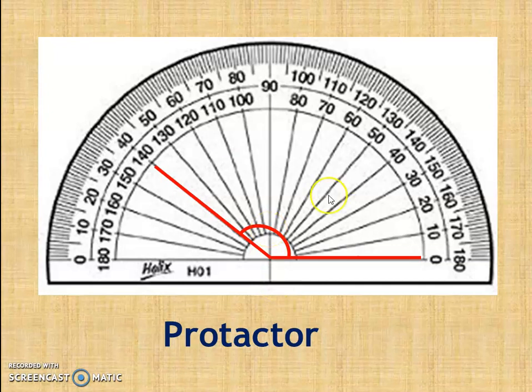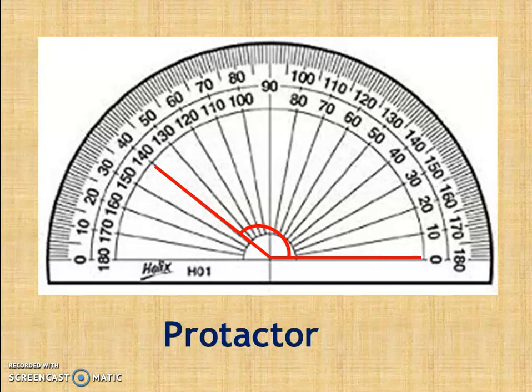Now, you know how to differentiate among right angles, acute angles, and obtuse angles. Remember, if the angle is exactly 90 degrees, it is called a right angle, and the symbol is a small square.